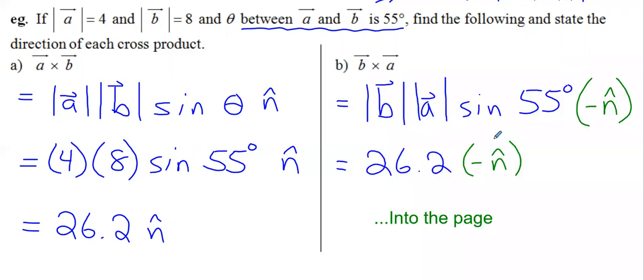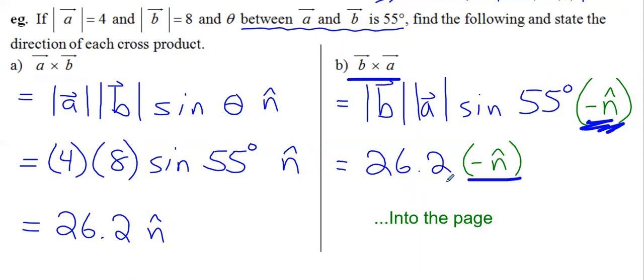So very similarly in this example as well, now you notice this is B cross A. So you might be wondering, well, if this one's n, why is this one negative n? Well, as I mentioned before with the right-hand rule, A cross B will point one direction that's perpendicular to A and B. B cross A points in the opposite direction, hence the negative normal.